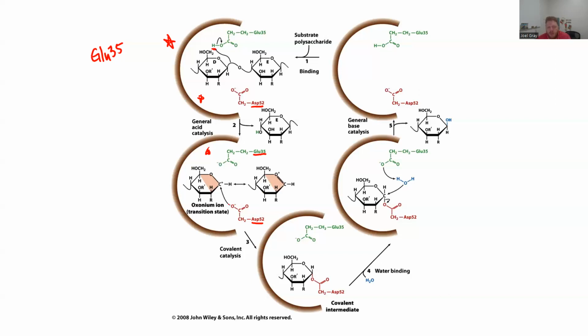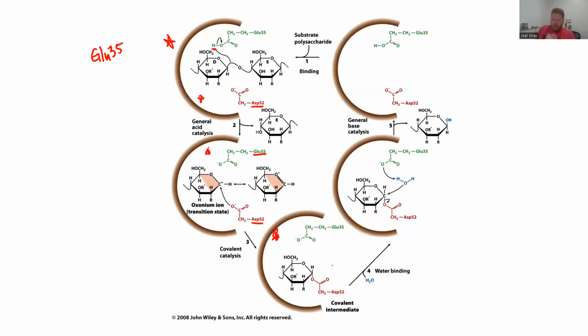What aspartate 52 does is act as a nucleophile, and it makes the covalent bond between itself and our substrate. So we stabilize our substrate by eliminating that oxonium ion. And here it is. In our third cell, we have the covalent linkage between aspartate 52 and our substrate. Hence, this mechanism would be identified as involving covalent catalysis.